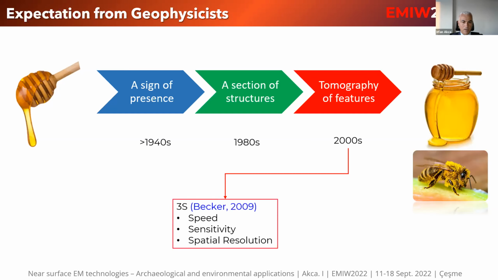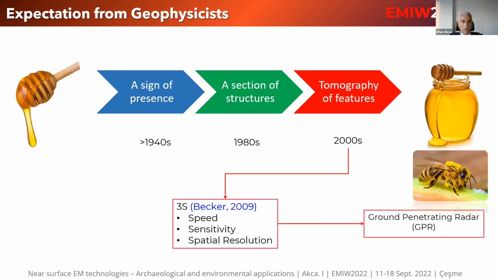These 3S come from speed, sensitivity, and spatial resolution. The requirement of development in these three topics is always in the diary. So we are always trying to optimize these three issues.